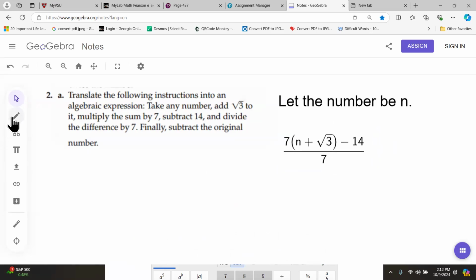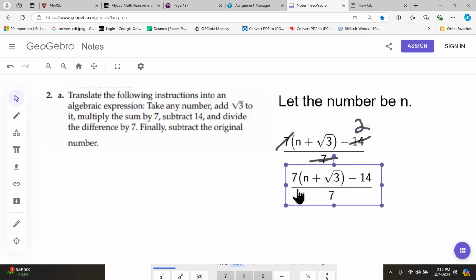Now, this 7 divides this 7, and this same 7 divides 14, and you get 2. So you're expected to finally write it like this.